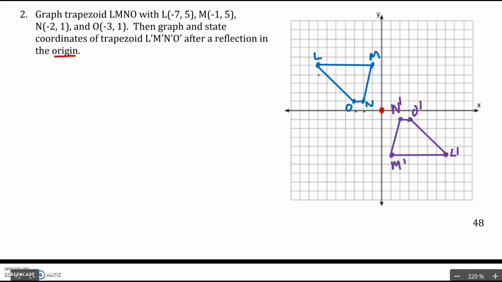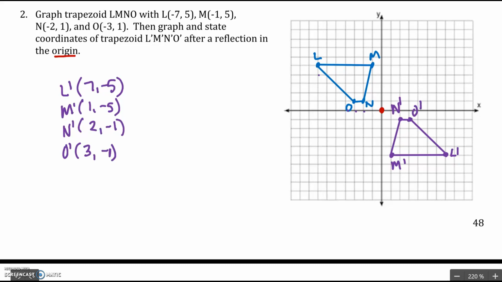It says here that we're supposed to state the coordinates of L prime, M prime, N prime, and O prime. When we do that, maybe you'll notice a pattern. For L prime, it's 7, negative 5. For M prime, it's 1, negative 5. For N prime, it's 2, negative 1. And for O prime, it's 3, negative 1.